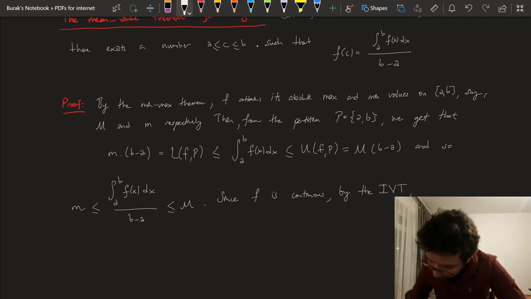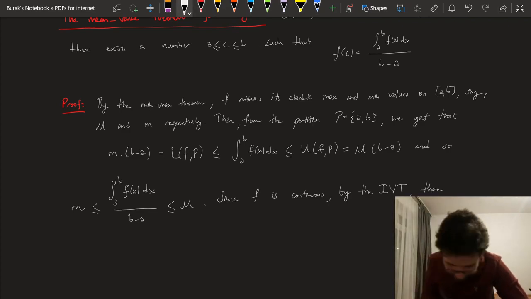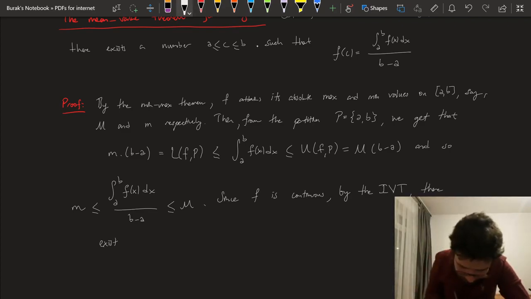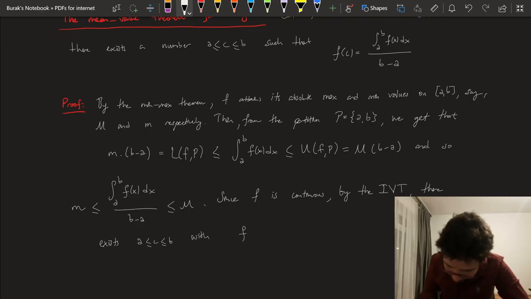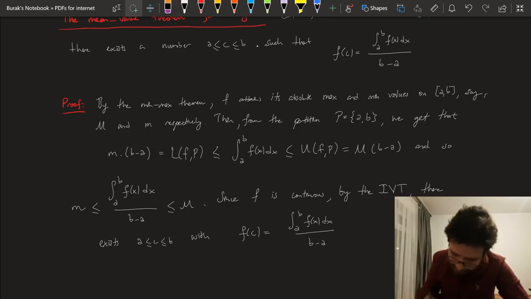So by the intermediate value theorem, there exists a point c between a and b such that f(c) is this number. Okay, and that's it. We have finished the proof.